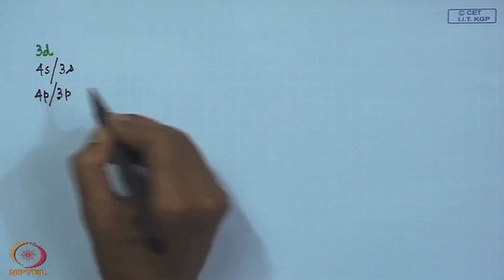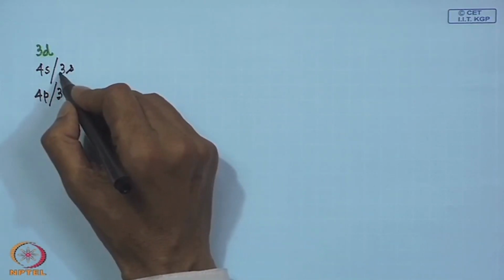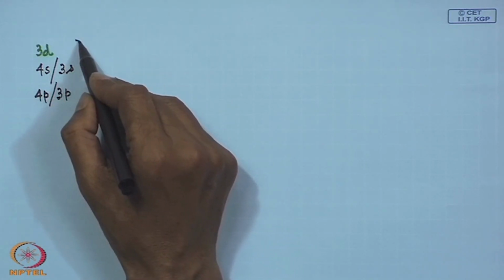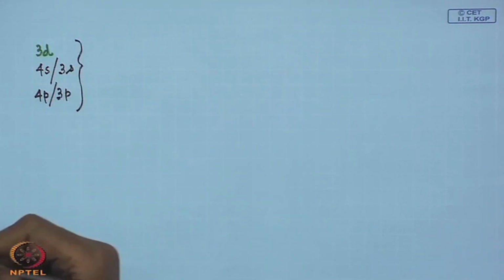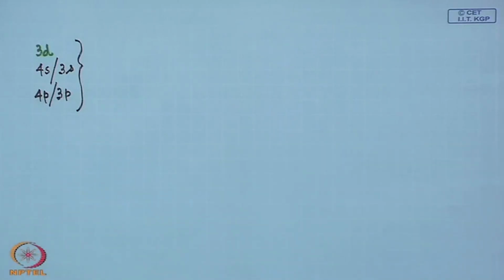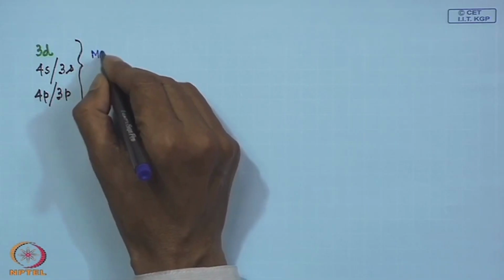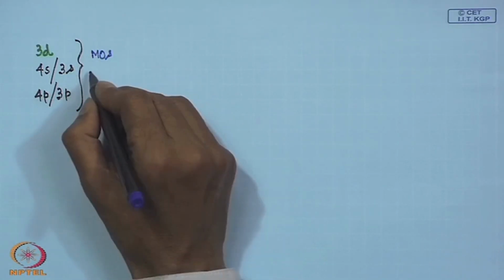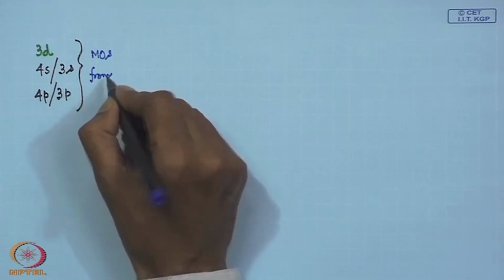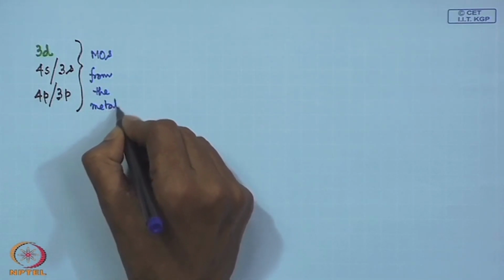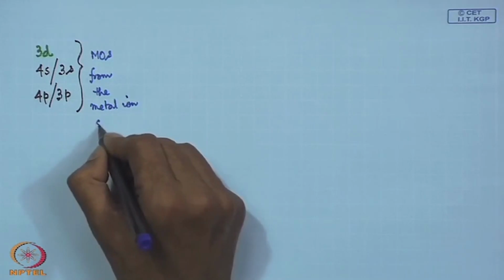Depending upon the energy of these orbitals and their availability for the system, these orbitals can give us the corresponding molecular orbitals from the metal ion side.